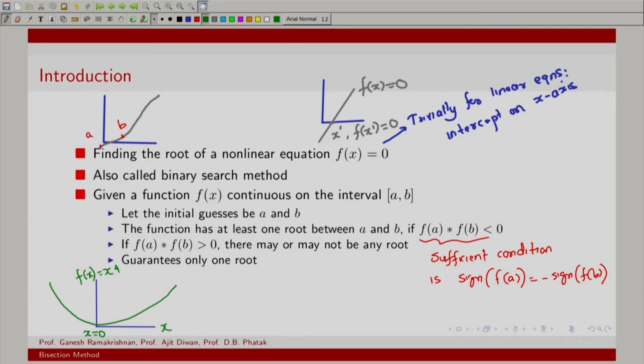Finally, it guarantees finding only one root. So, it is possible that for a function such as this, let us consider this function, your initial choice of a and b are such that they cover two roots, but only one root is guaranteed to be found using the bisection method, and we will see why.